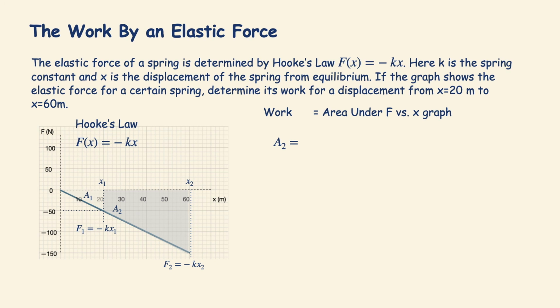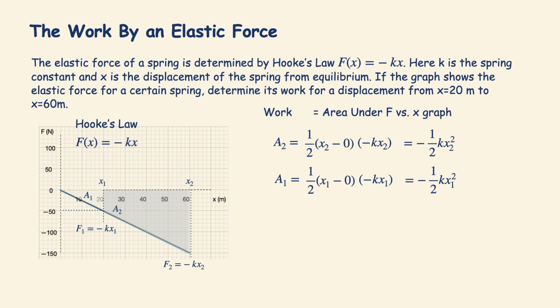The area of the big triangle, A2, is going to be equal to 1/2 the base, in this case stretching from 0 to x2, so the base will be x2 minus 0, or just x2, and the height will be minus kx2. So I see here that the area of the big triangle is going to be minus 1/2 kx2 squared. Similarly, for the area of the small triangle, I will have 1/2 times x1 minus 0 times the height, which is minus kx1. And so here the area is going to be minus 1/2 kx1 squared.